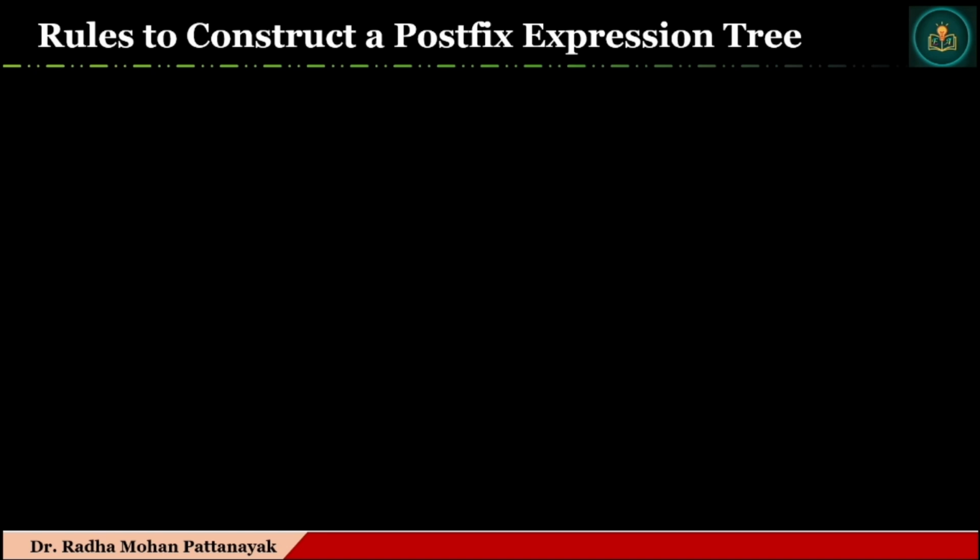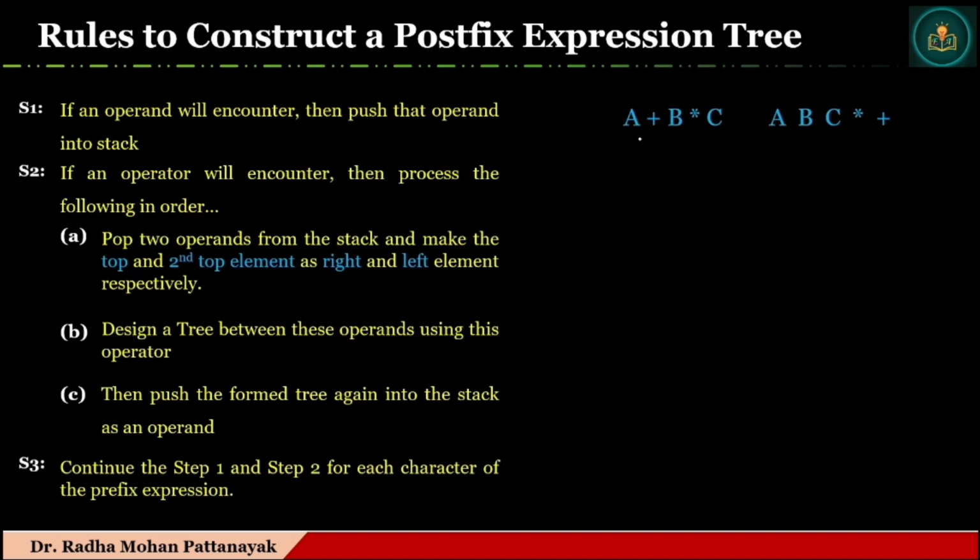Let's see what are the rules to follow to convert a mathematical expression into a postfix expression tree. At first, whatever characters are there in the postfix expression, we will visit all the characters from left to right. So here, this is the infix expression of a mathematical form.